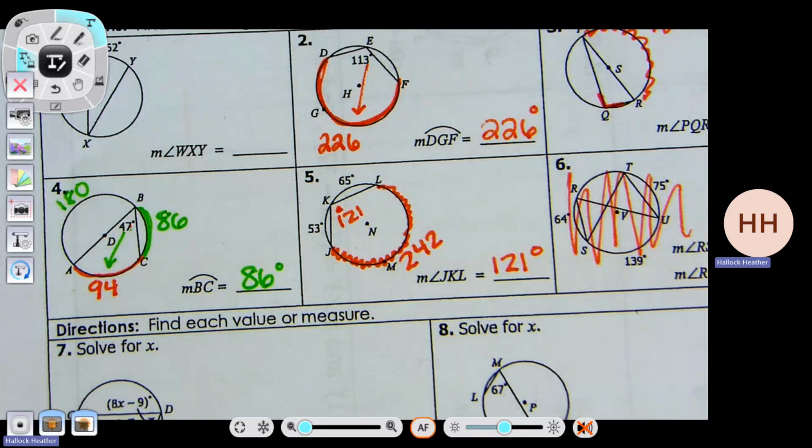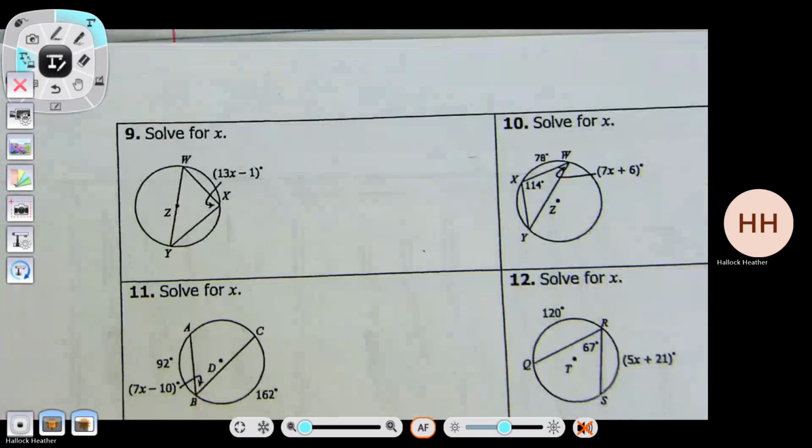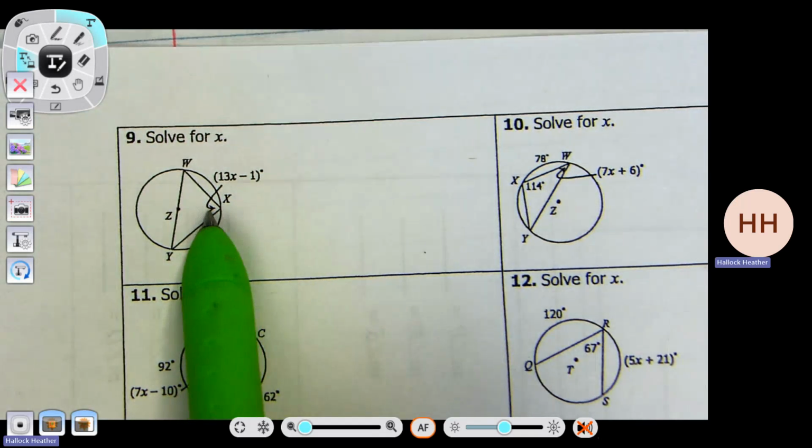Let's do number 9. Okay, so let's multiply by 2 because you know the inside you're gonna have to multiply by 2, right?